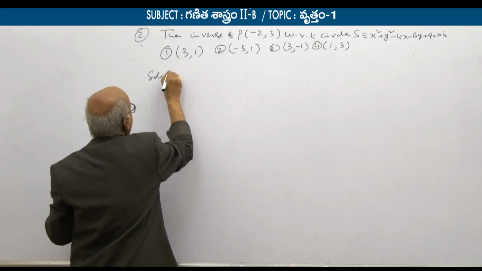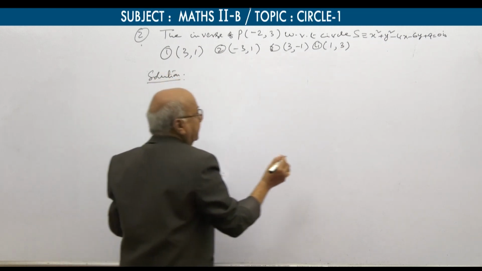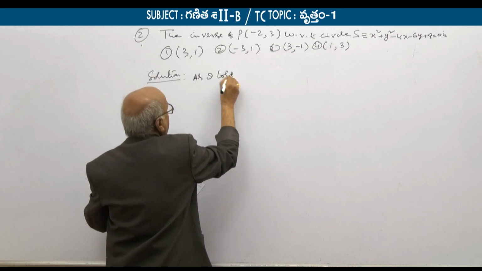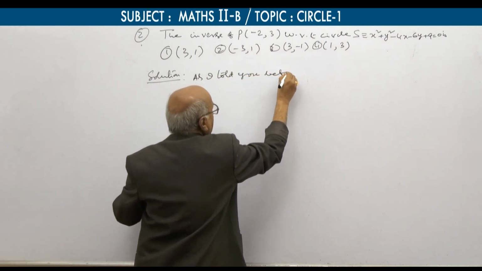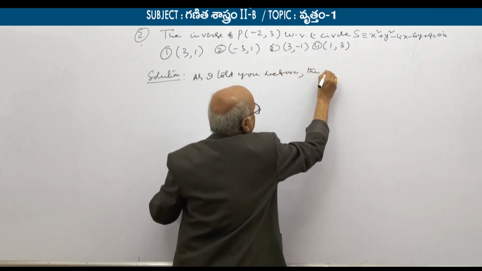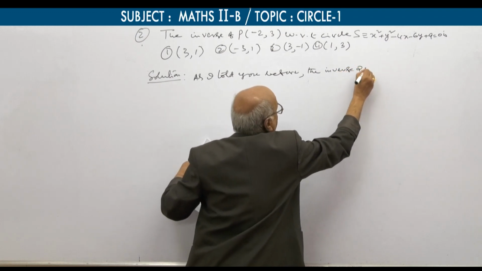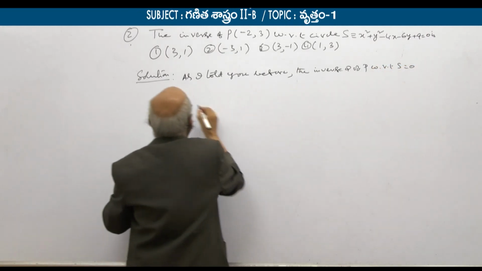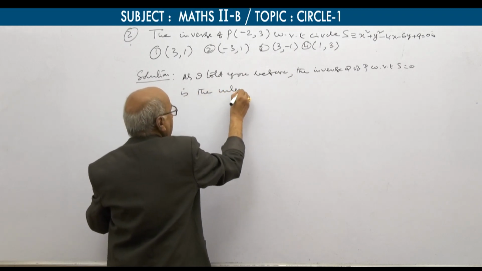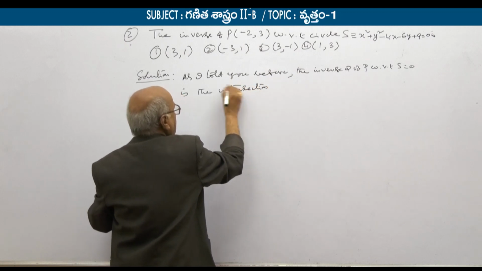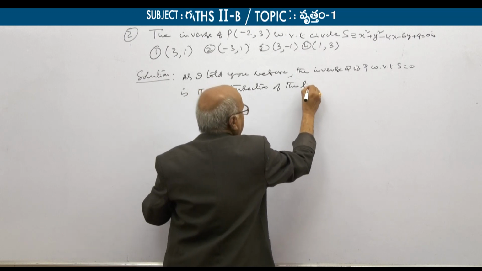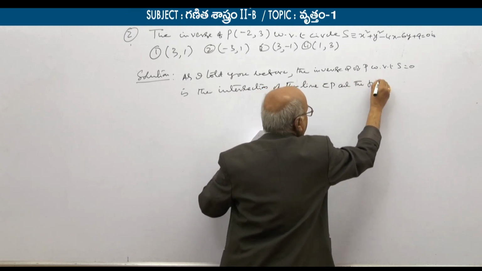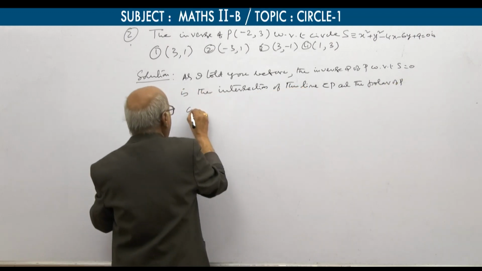The solution, as I told you before: the inverse Q of P with respect to S = 0 is the intersection of the line CP and the polar of P, where C is the center.